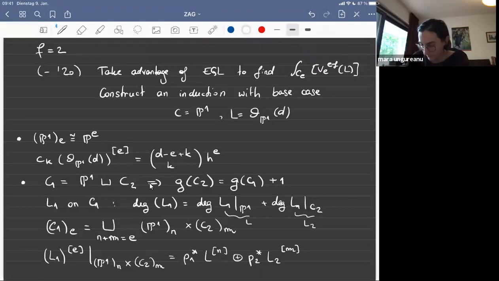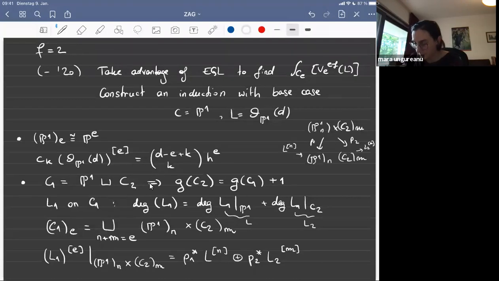And I'm just going to tell you what this is. So for each of these components, I have projections from P1 and C2^[m] to P1 and C2^[m], and on each of these guys, I have this and this.